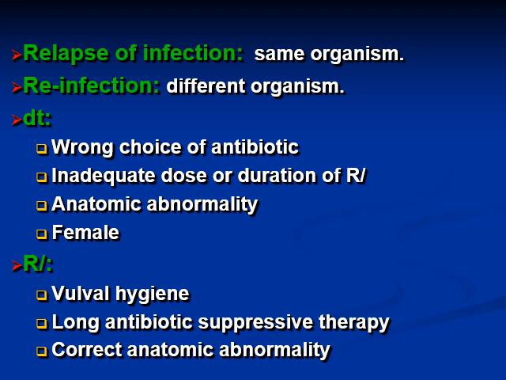This might occur due to the wrong choice of the antibiotic from the very beginning, the use of an inadequate dose or duration of treatment, the presence of a missed anatomic abnormality, or a female. The treatment of such a situation is a good vulval hygiene, a long antibiotic suppressive therapy, and to correct the underlying anatomic abnormality.